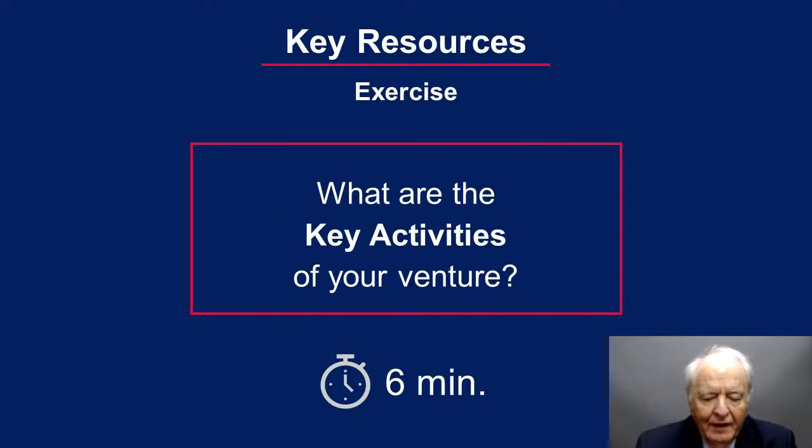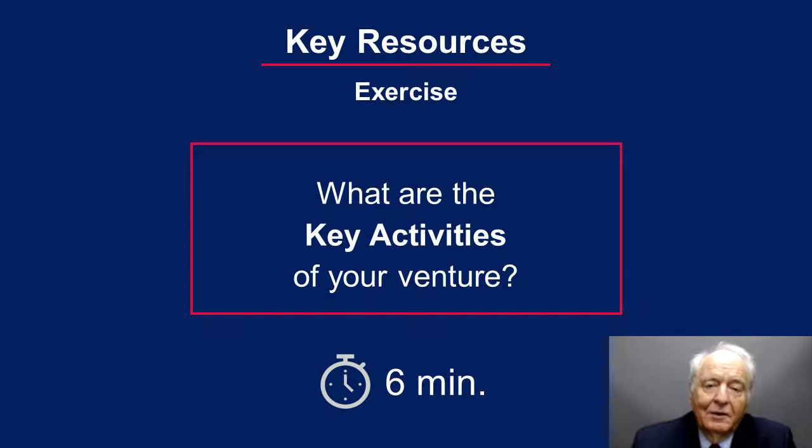So the top of the slide says key resources, but actually it's a key activity, so that's a typo. And what we want you to do now in class is we're going to take about 6 minutes and merely go through your group, each group, and what are some of the key activities you're going to have to be able to do in order to deliver the goods and services that your group, your organization, your firm is going to produce.